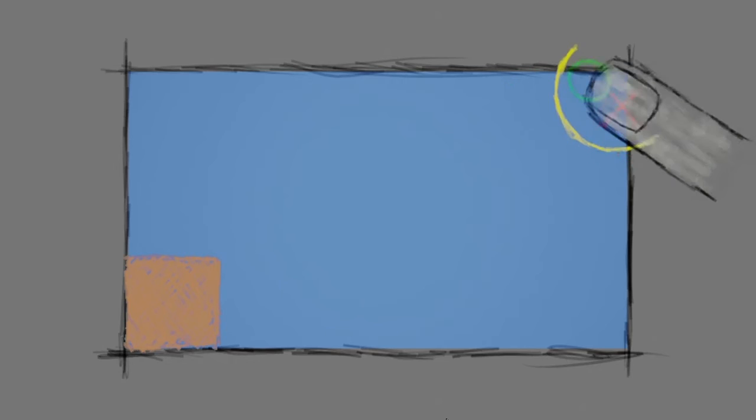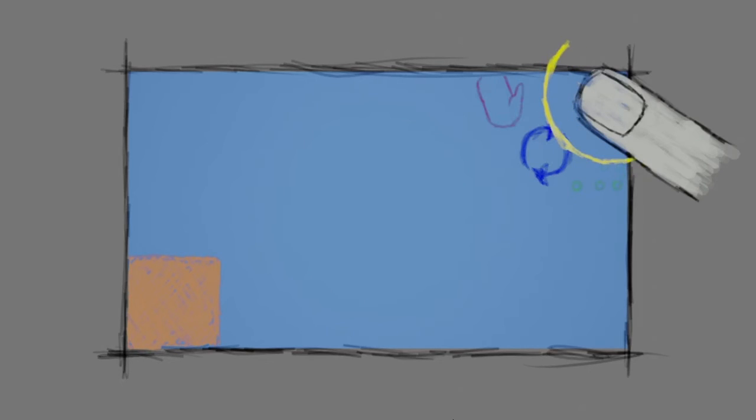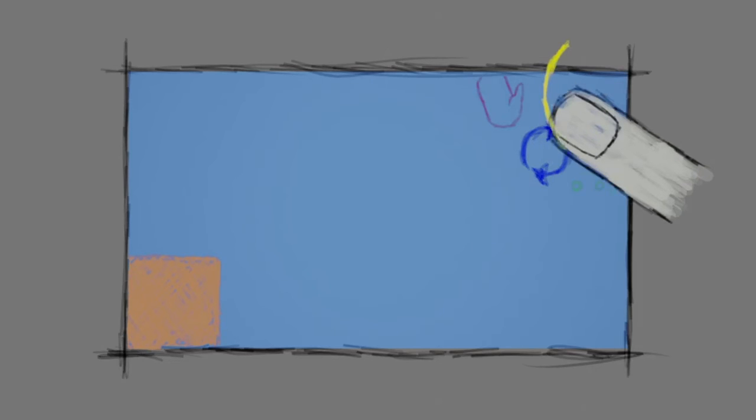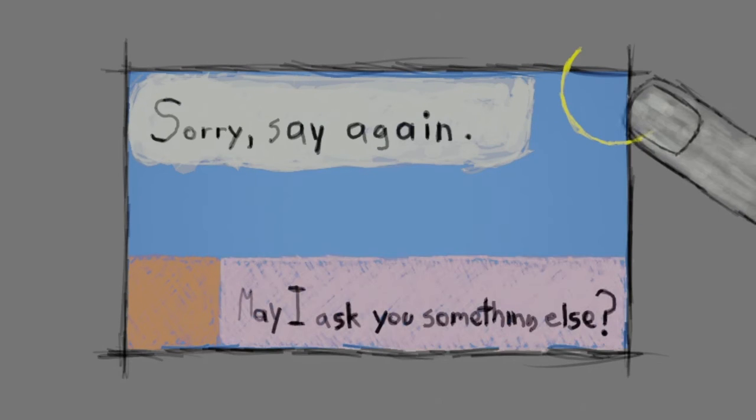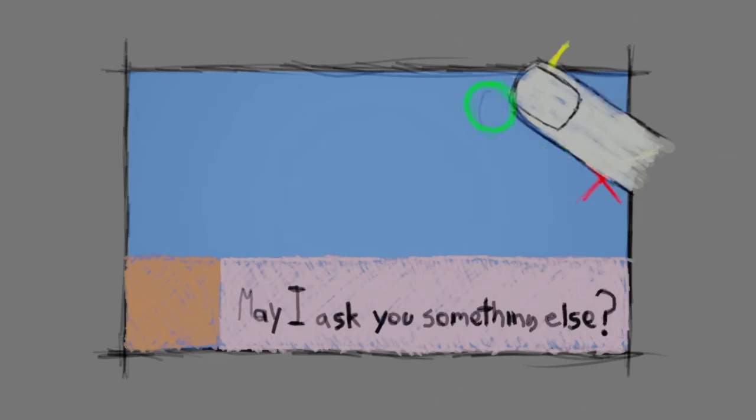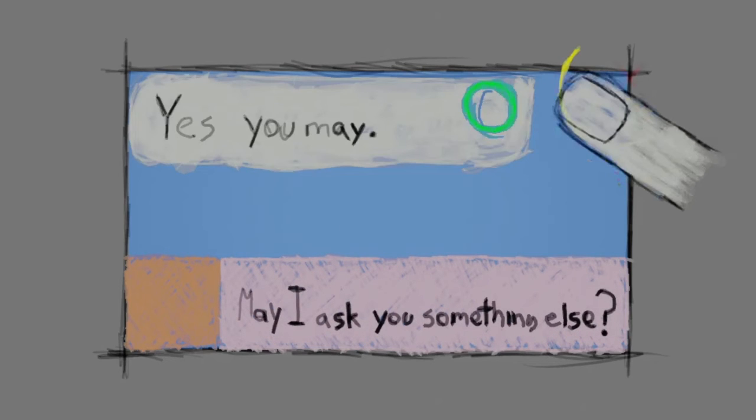So if the player lifts the dialog key really quickly and presses it again, it will show these alternate options. One of them is say again, the blue icon with the two arrows, which repeats what was said last time. So the NPC repeats the last question, may I ask you something else? Now the player knows what they're answering.